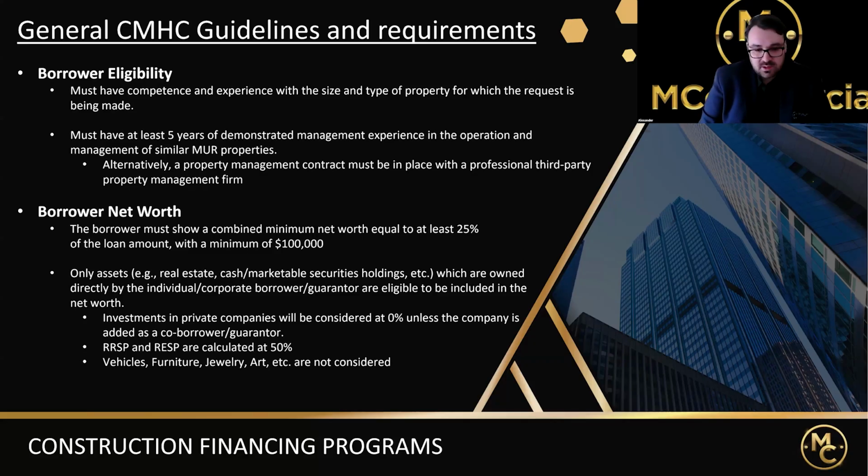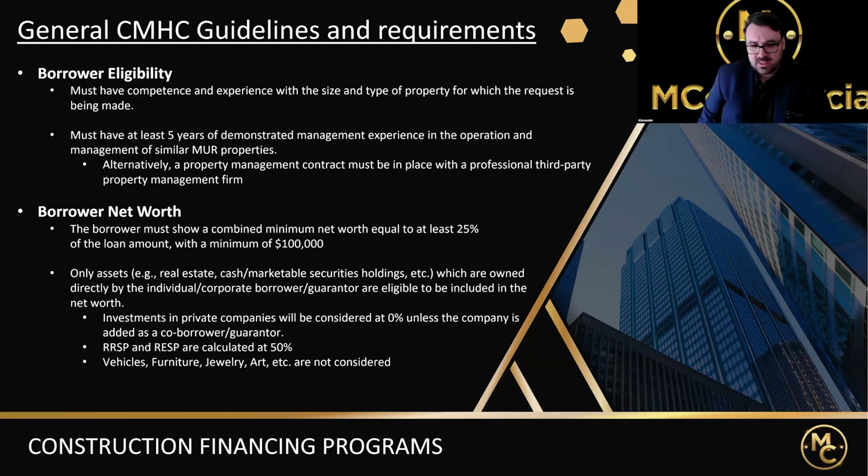If those projects are all separate and they're not attached in any way, except from the holding company, your new project, CMHC won't be able to consider the net worth of your previous projects unless they're added on as guarantors to this specific request.